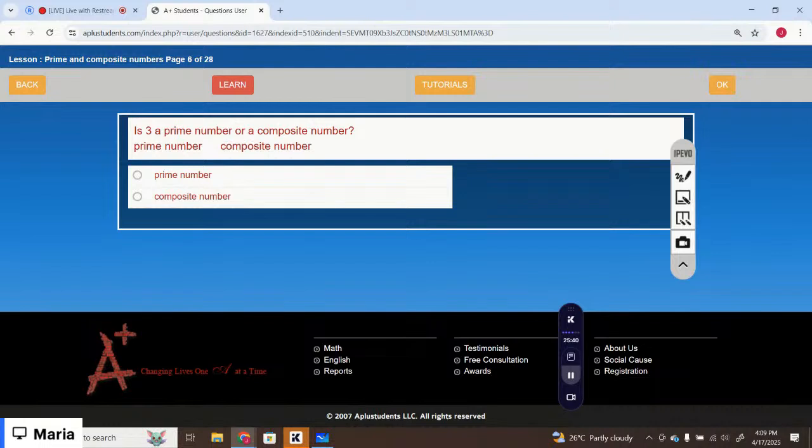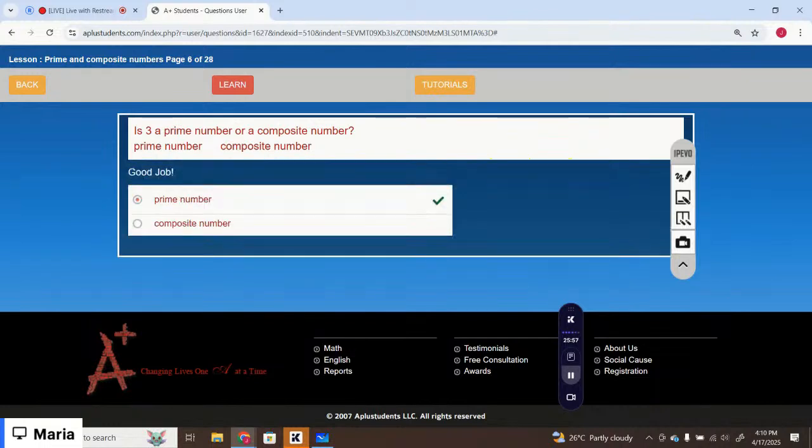Is 3 a prime number or a composite number? So 3 is the prime number. Option number 1 is the correct option. Prime it is.